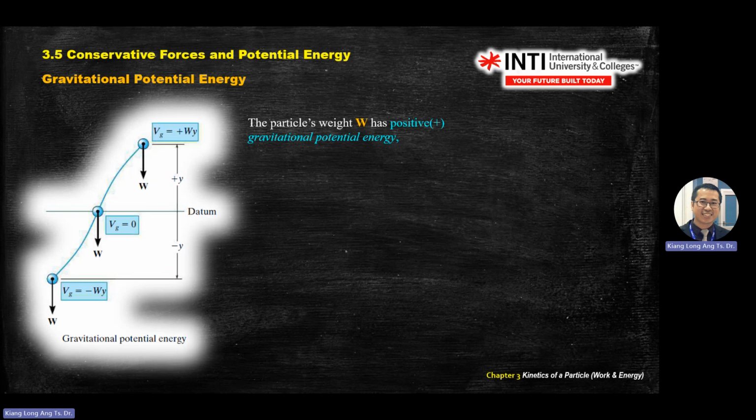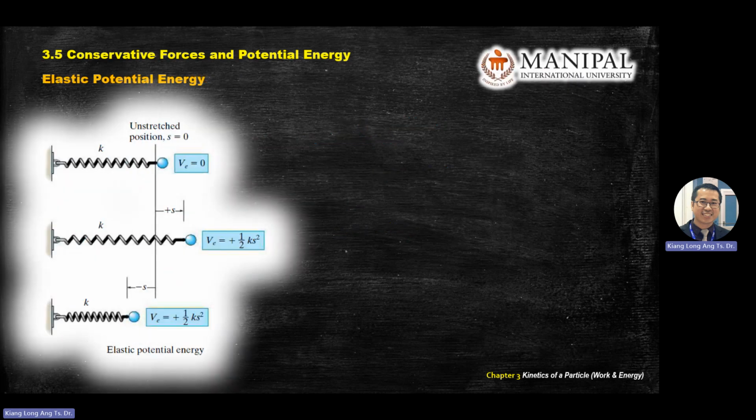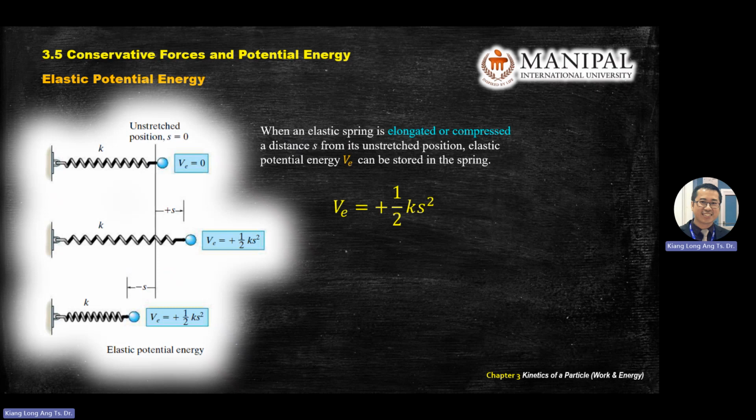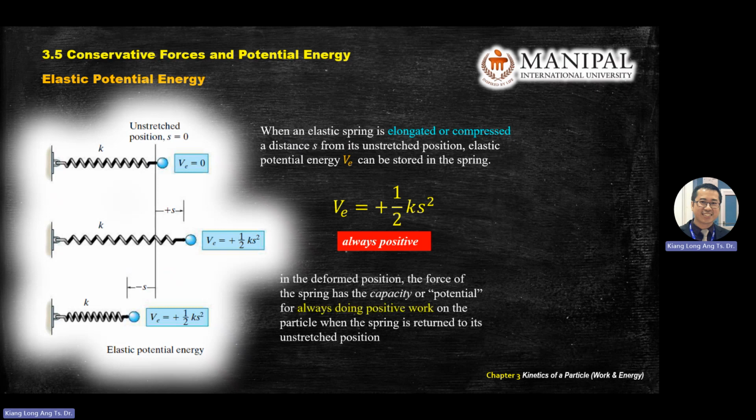But for this module, you are looking for the datum. And for elastic potential energy, as you can see, spring potential energy is given by positive half kx squared. It always stays positive for a spring. No matter if you stretch it or you compress it, both give you positive energy.